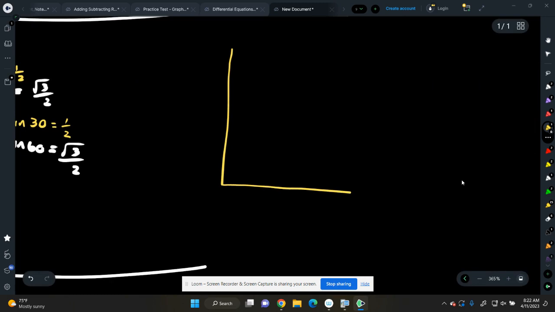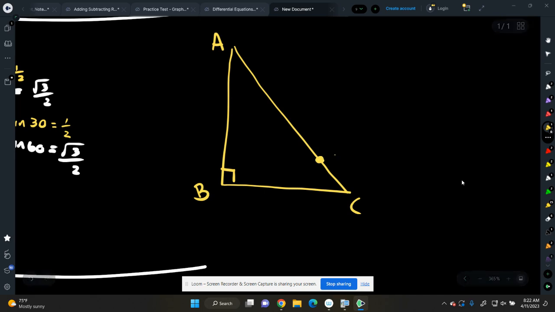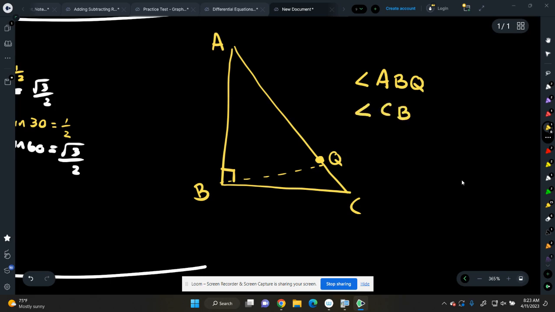They gave you this right triangle. I forget the letters. It was like A, B, and C. And they told you that this was a right angle. And they said that there was some point Q between A and C, right? And then they said something about the angle ABQ and the angle CBQ, right?